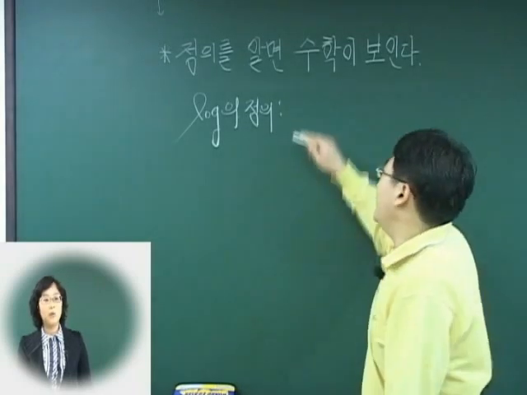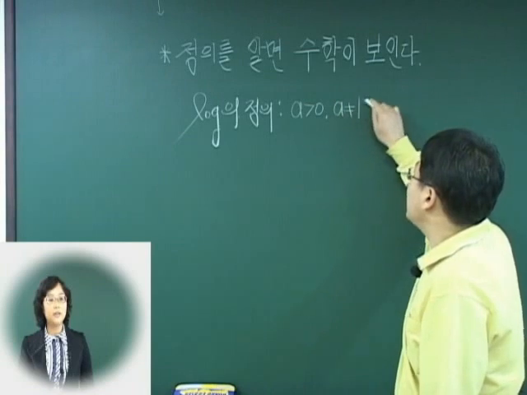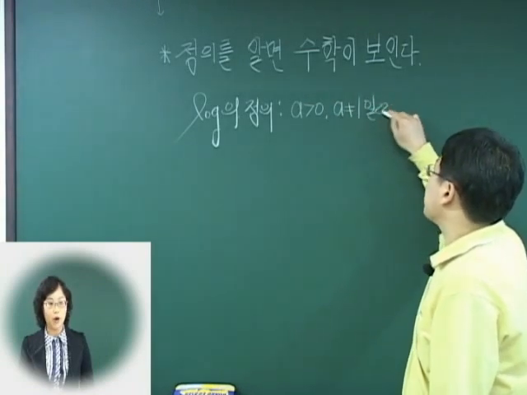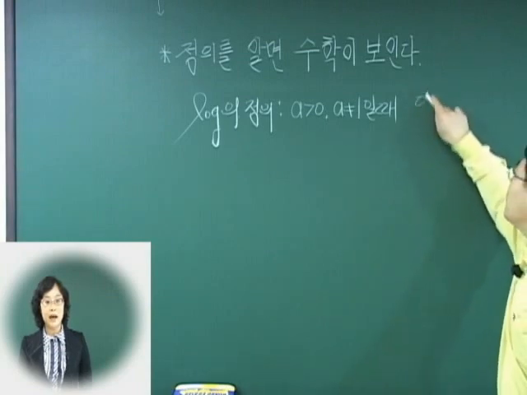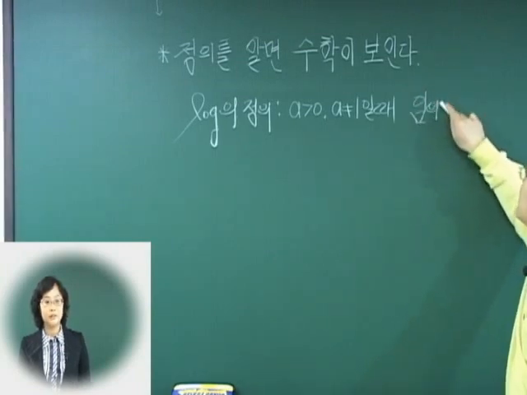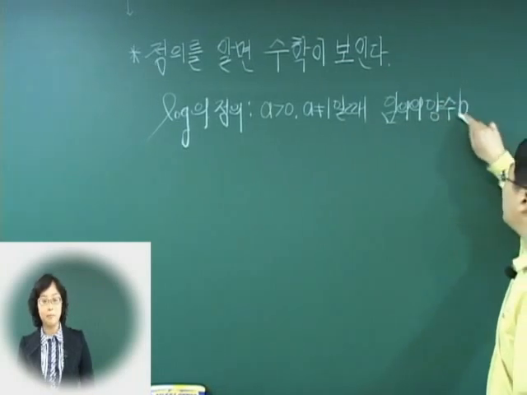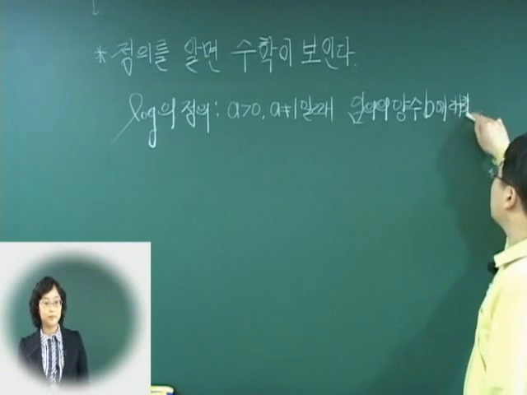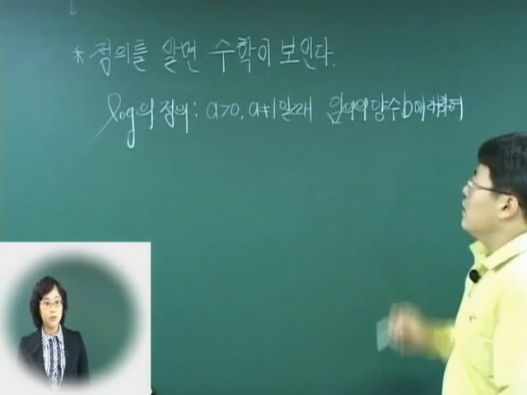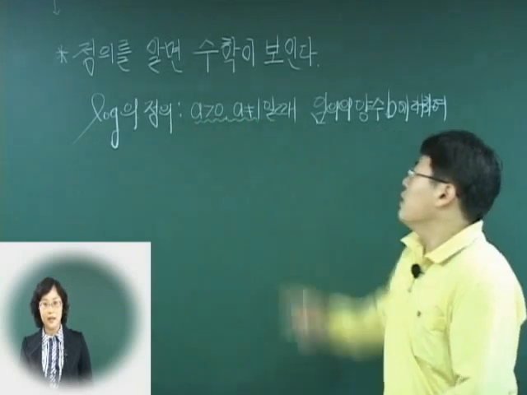When a is greater than 0 and a is not equal to 1, for a reference positive integer b. So you already know the main bodies, a and b.